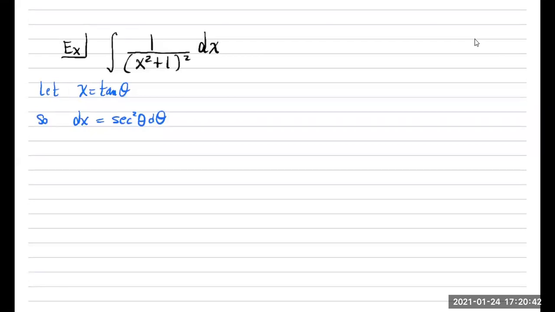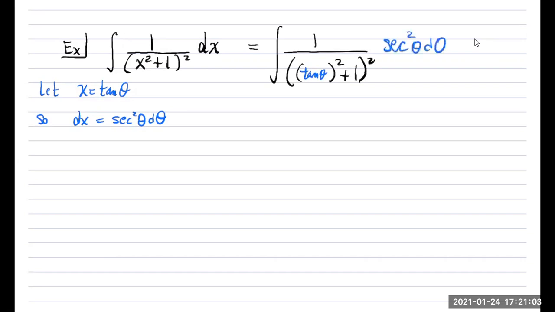All right, so our integral becomes the following. How's that look?